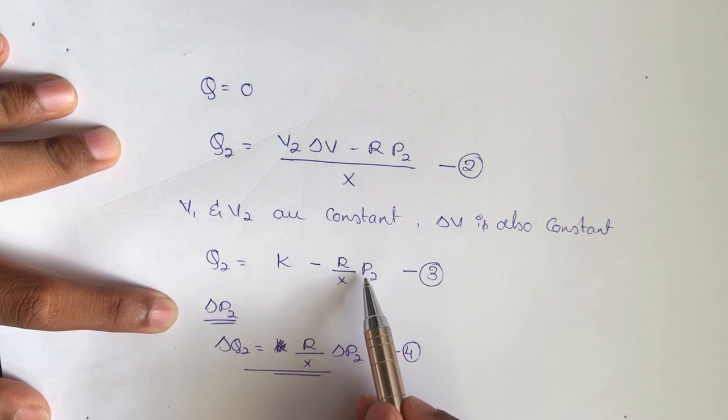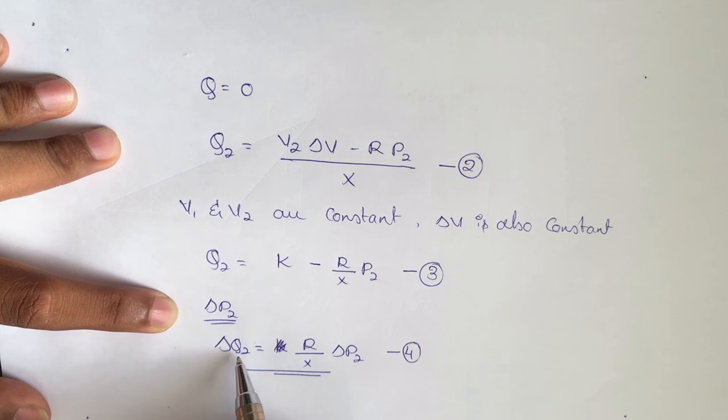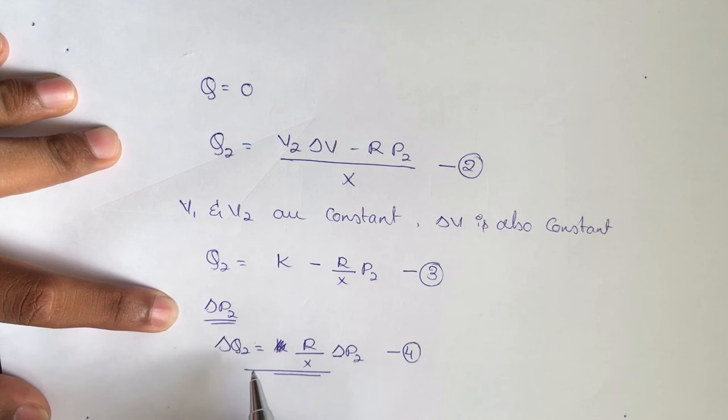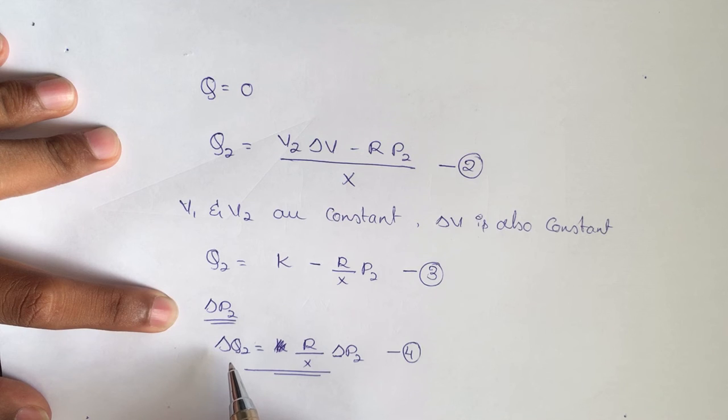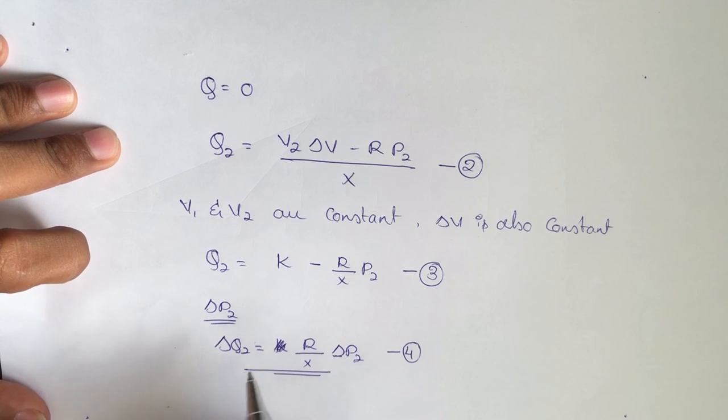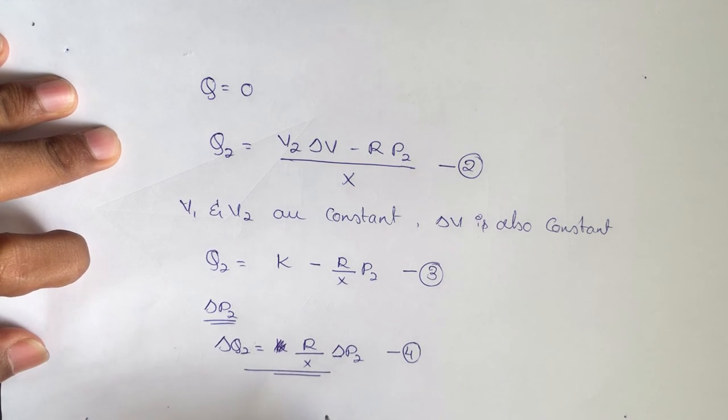The small change in P2 will raise a small change in Q2. Since K is constant, if we change P2 by a small value delta P2, it affects the reactive power by a small change delta Q2. And from equation 4 it is obvious that an increase in P2 causes an increase in Q2 proportional to R by X.